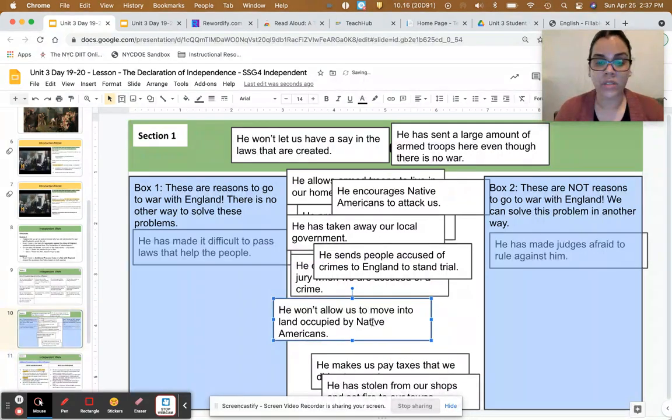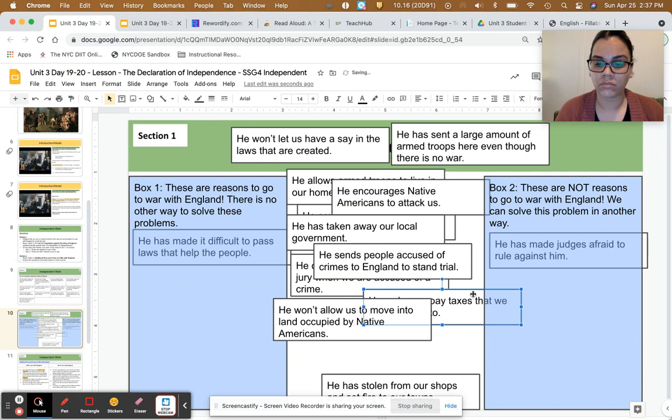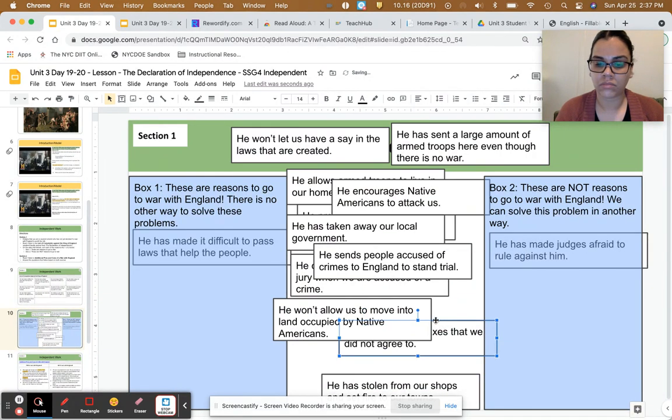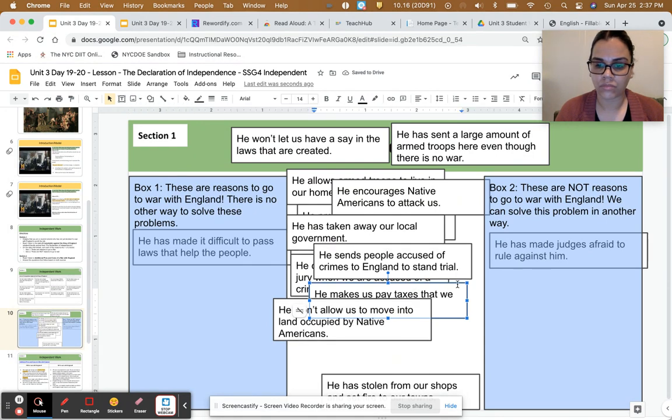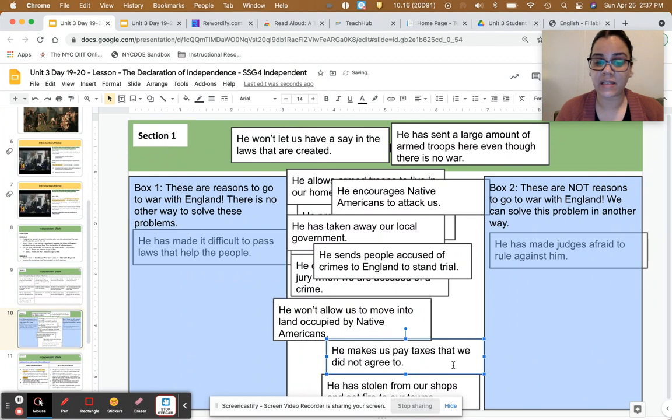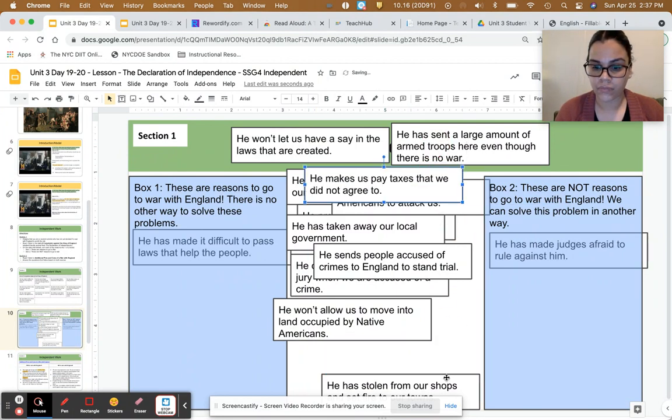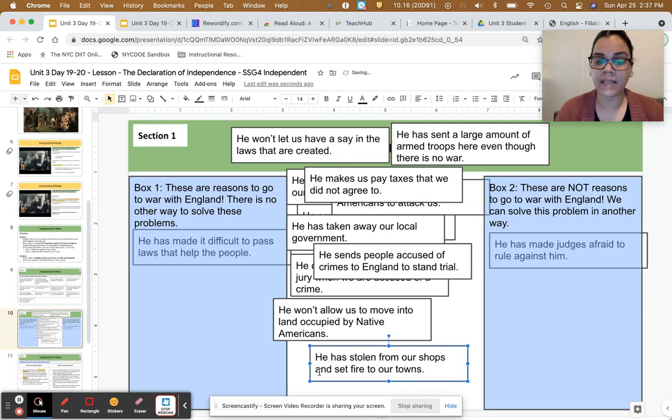He won't allow us to move into land occupied by Native Americans. He makes us pay taxes that we did not agree to. And finally, he has stolen from our shops and set fire to our towns.